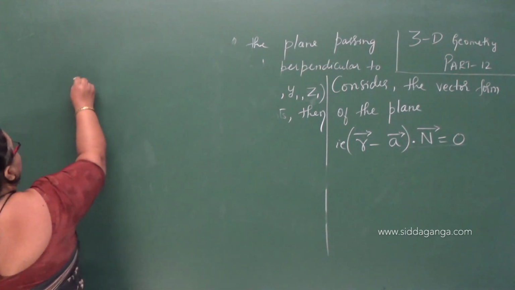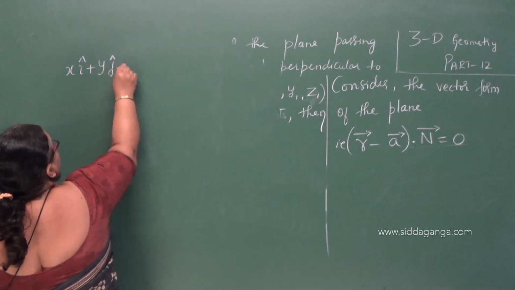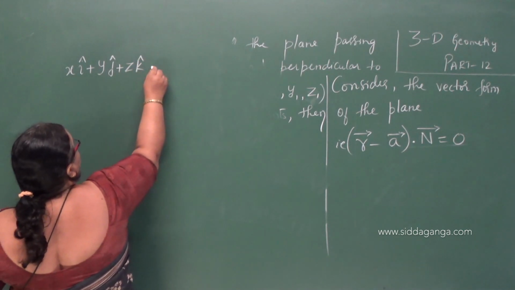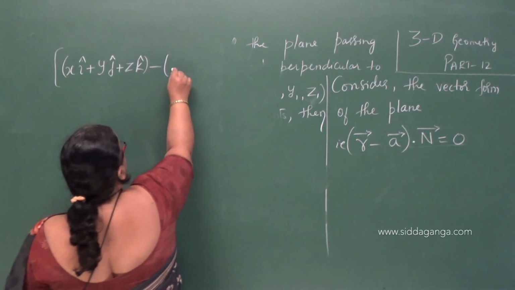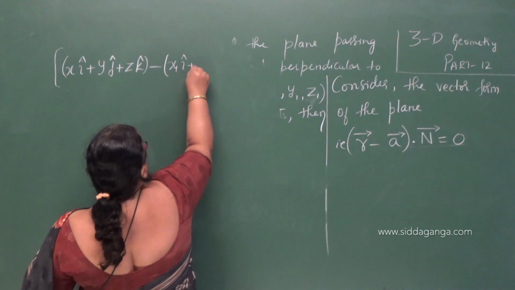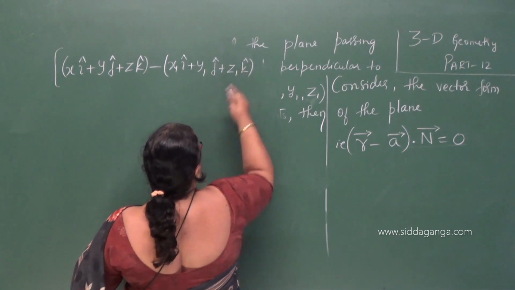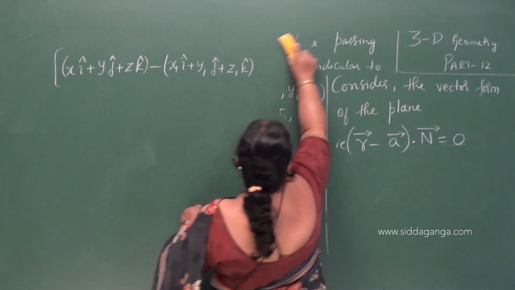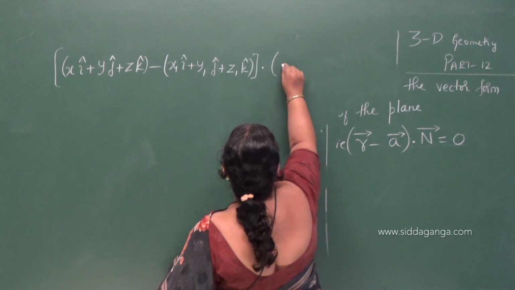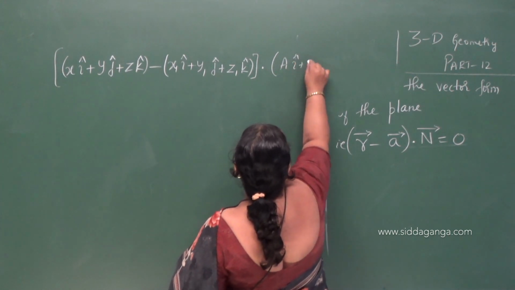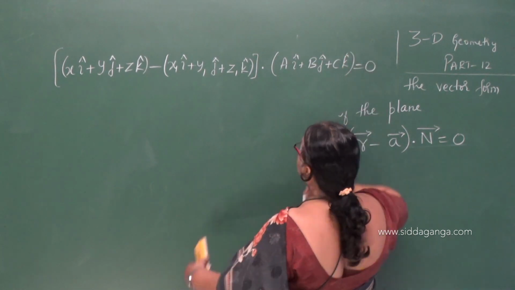That is, vector r is x into i cap plus y into j cap plus z into k cap, minus vector a, x1 into i cap plus y1 into j cap plus z1 into k cap. So that is vector r minus vector a. This is dotted with vector n, that is a into i cap plus b into j cap plus c into k cap, equal to 0.